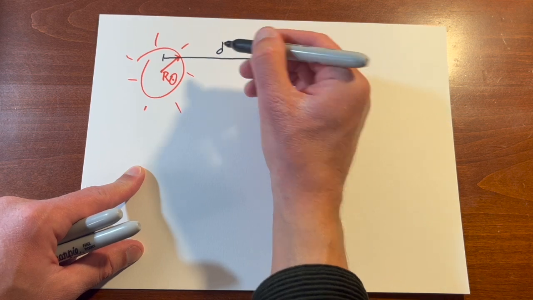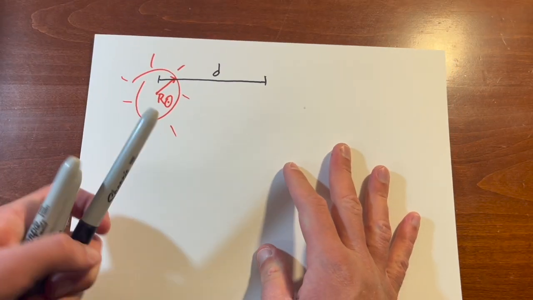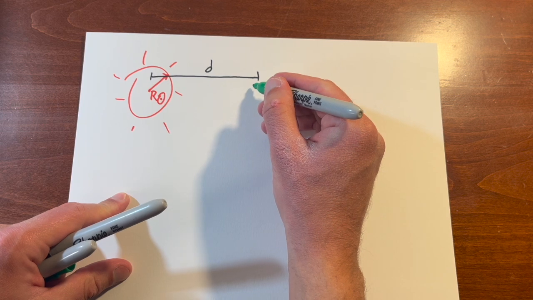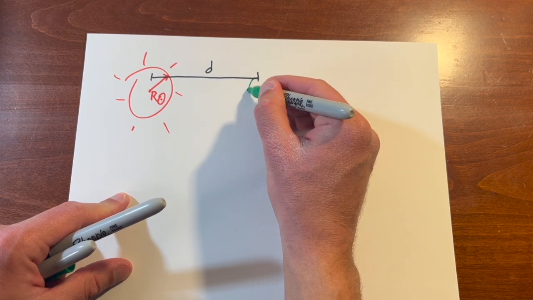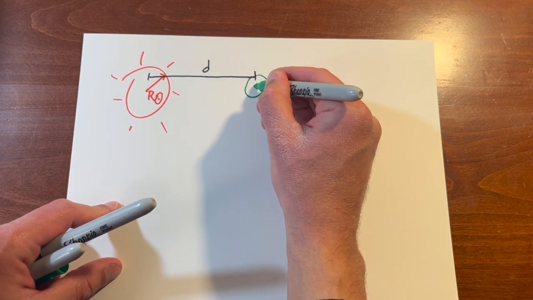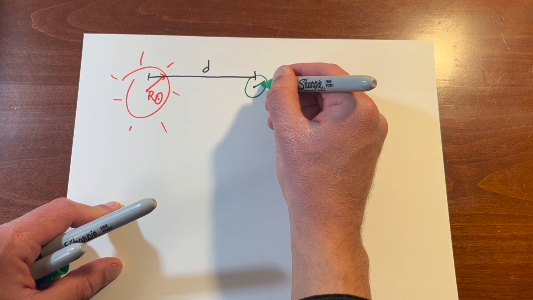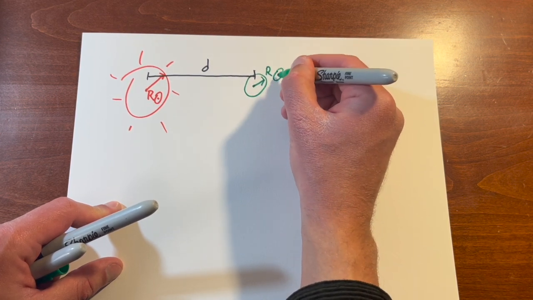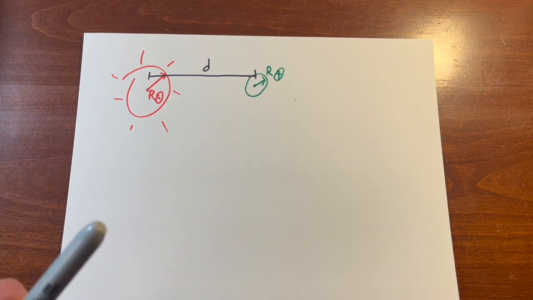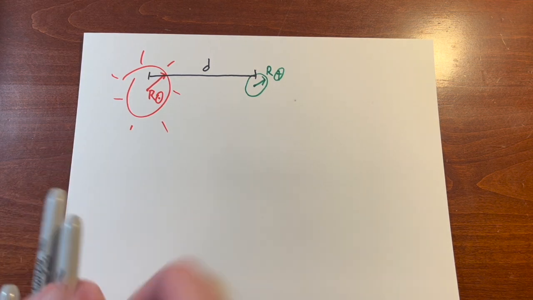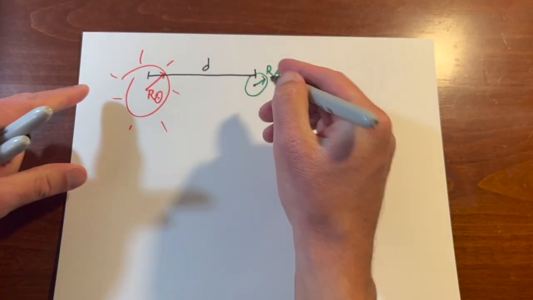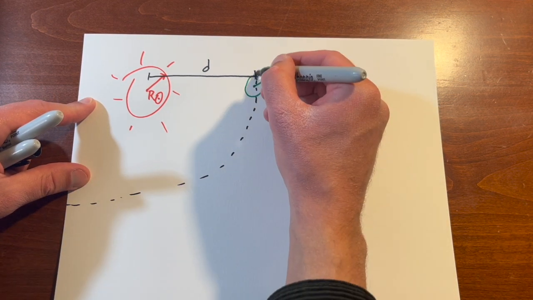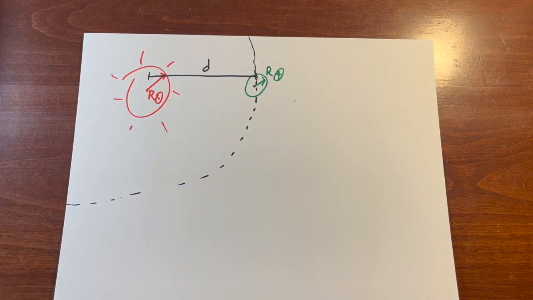Call that distance d. Of course, this is not to scale. And the Earth will also have some radius. Let's call that r circle cross. It's the typical symbol. And the Earth will orbit around the sun at that distance.